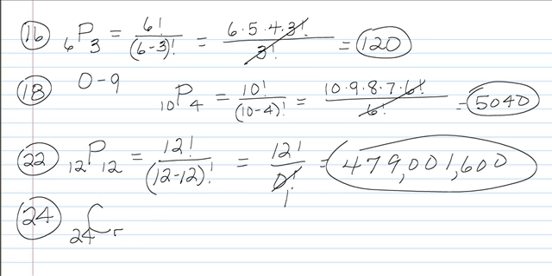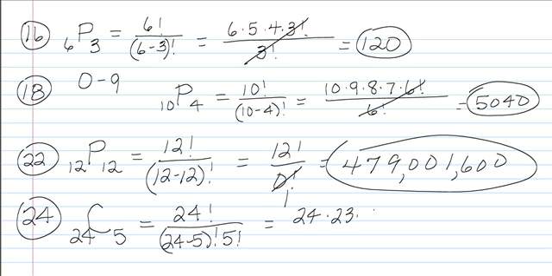Doesn't matter what the order is, so we want 24 factorial over 24 minus 5 factorial, 5 factorial. 24, 23, 22, 21, 20, 19 factorial over 19 factorial.